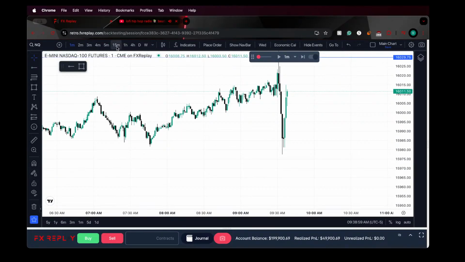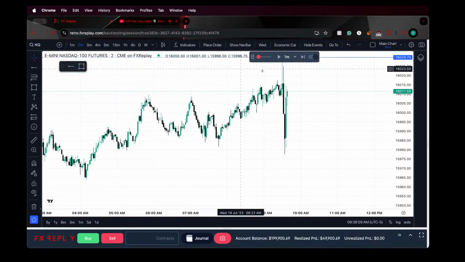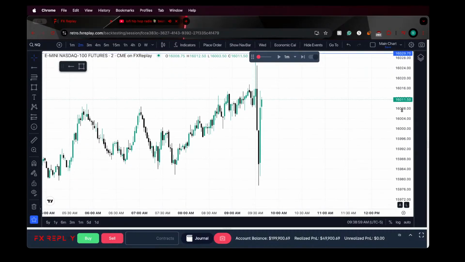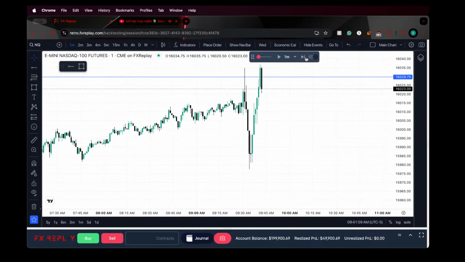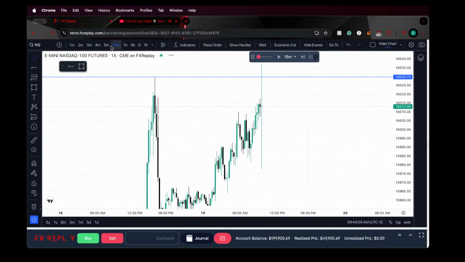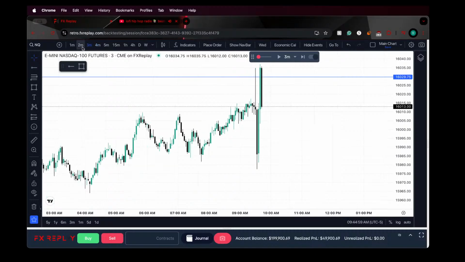Wait a minute. Hold on now. Can't take that. That though, that looks a little better for shorts. We're not rejecting off any. Oh, the weekly.